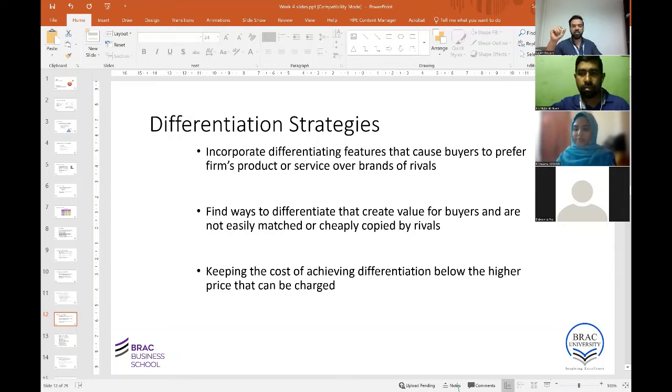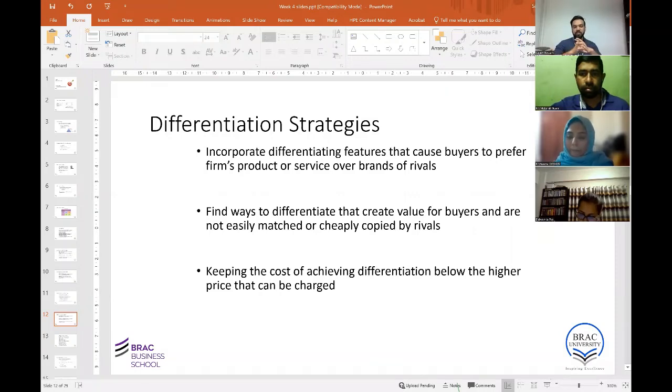They have SUVs, they have the M series, the X series, sports models. They have lots of different brands, so they're simply trying to allure the customer with their differentiation strategy. Their aim is to become a product that has different choices.